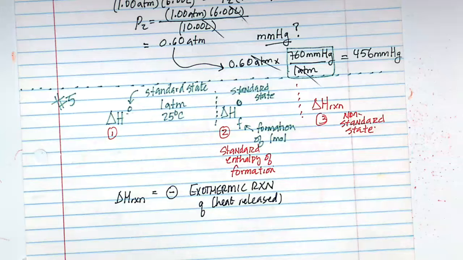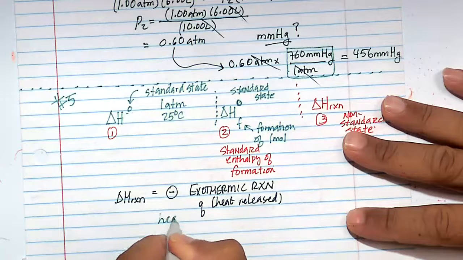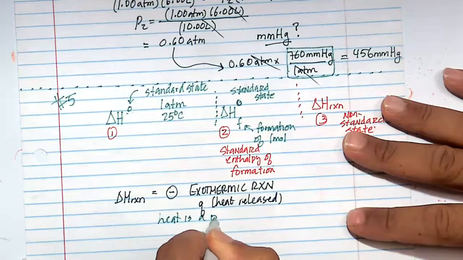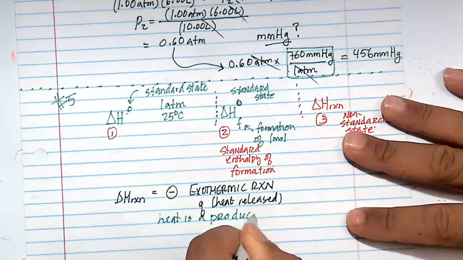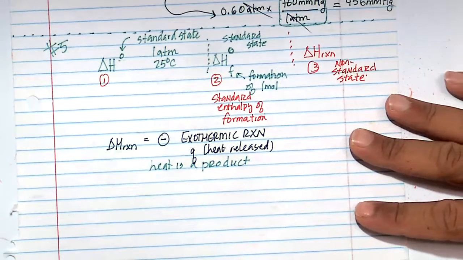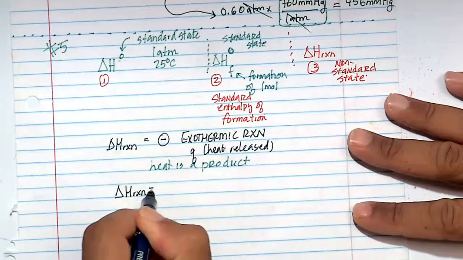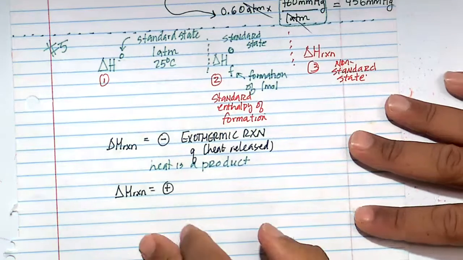If I release heat, it's also a product in the reaction. So heat is a product in this chemical reaction.